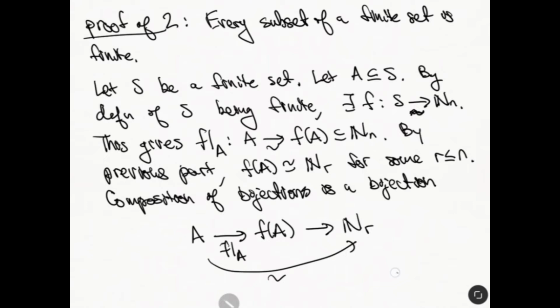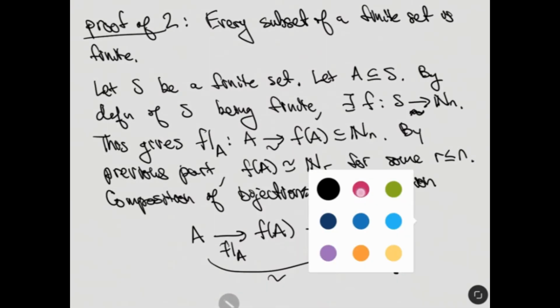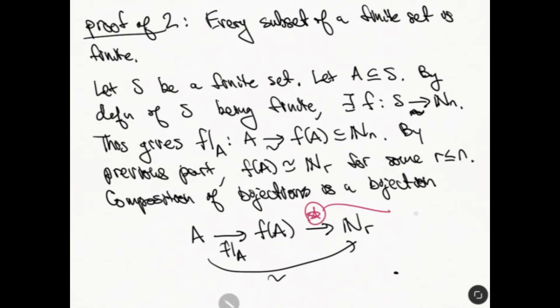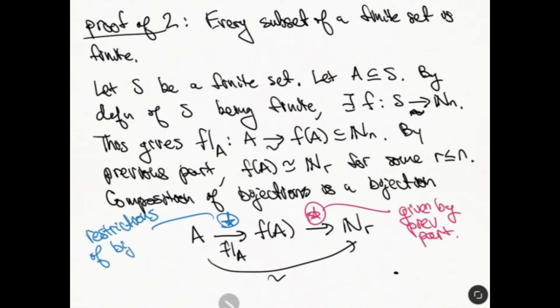Let me just say what these things are again. This one is given by the previous part. This one is given by the fact that restrictions of bijections are bijective onto their image.